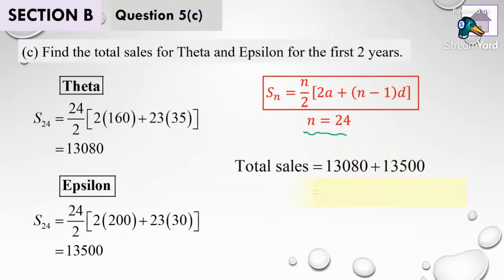Total up both of them, and that will be the amount that we want for how many motorcycles are sold. This is how we get the answer. Not too difficult, but quite a number of students make the wrong decision in determining the value.